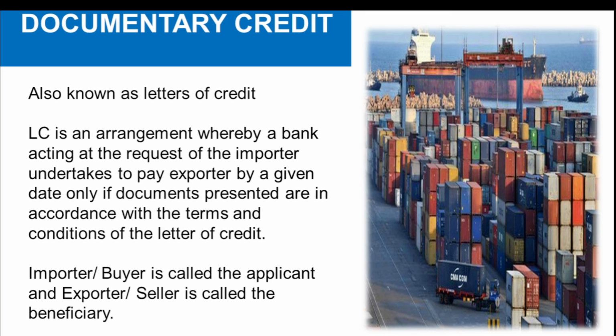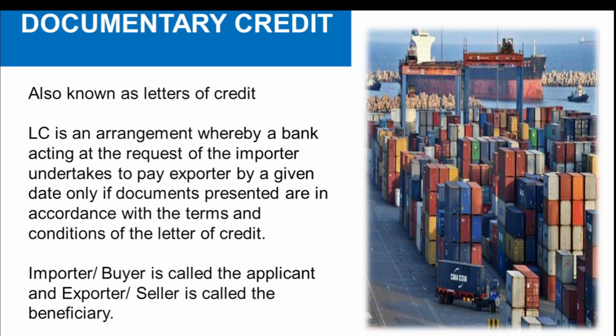That letter of credit will go to the seller's bank, which will be performing as an advising bank. When we are talking about a letter of credit transaction, the seller's bank works as the advising bank. The seller's bank will again take that LC and check all the terms and conditions. Then the seller's bank will show the LC and the documents to the beneficiary, the seller, saying these are all the terms and conditions.